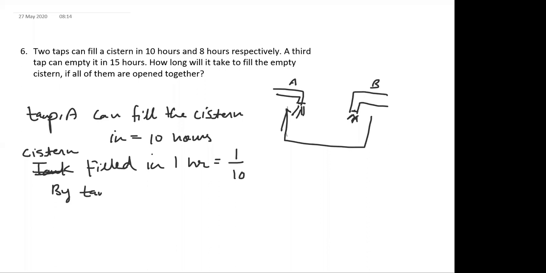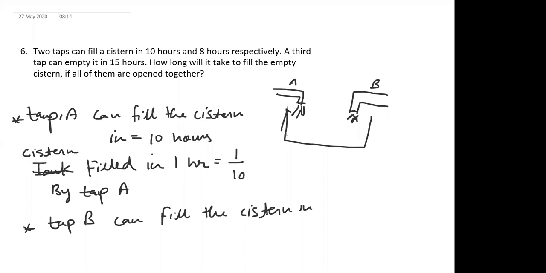On the other hand, tap B can fill the cistern in 8 hours.